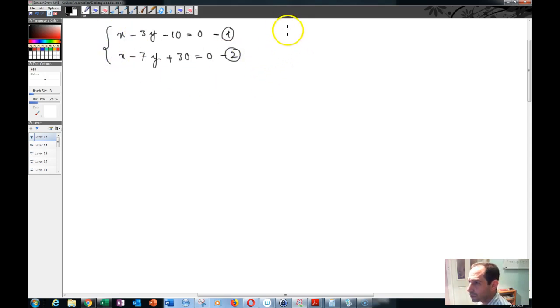And now you can use the method of substitution in order to solve these two equations. So for example, you can take 1 and find X in terms of Y in this equation. So X is equal to 3Y plus 10.